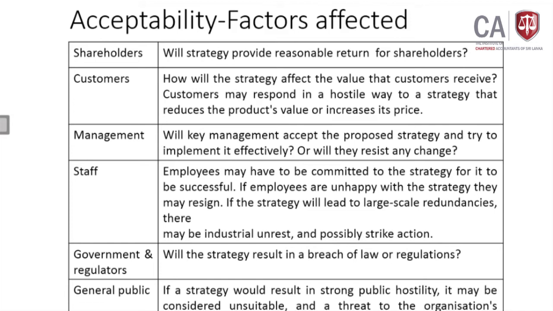Management: whether the CEO is proposing this one, no? Whether these other members are accepting that one. With the staff members, whether they are ready to accept this one, whether government is accepting this one, no breach of laws, whether the general public will accept this one.